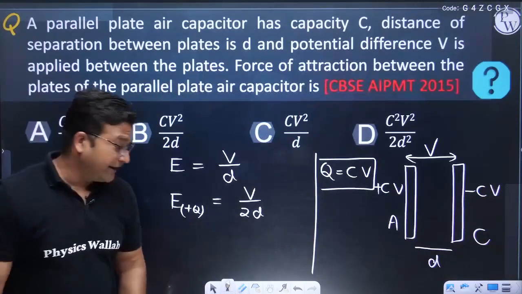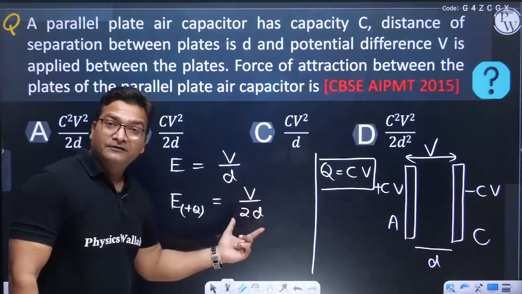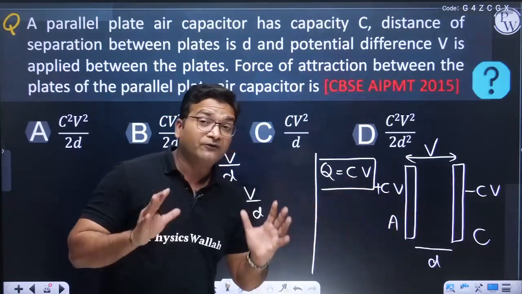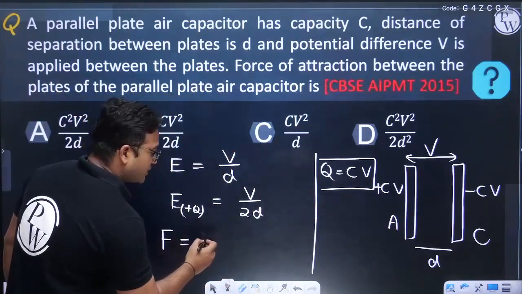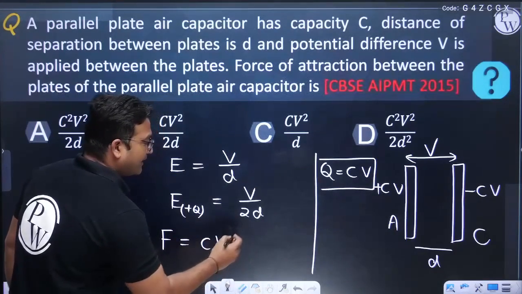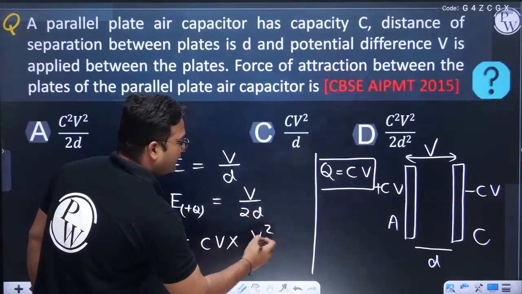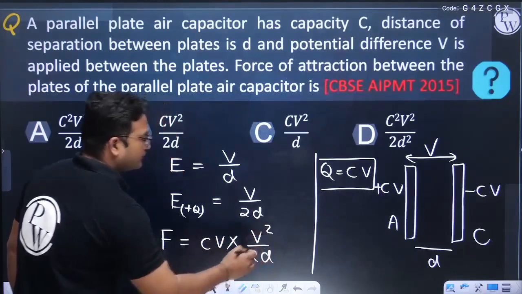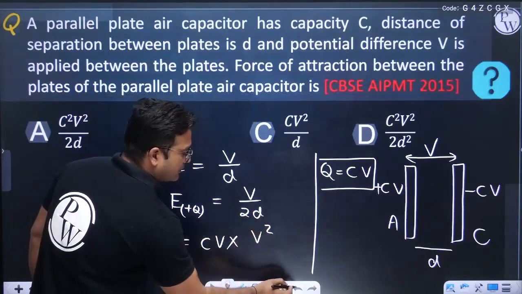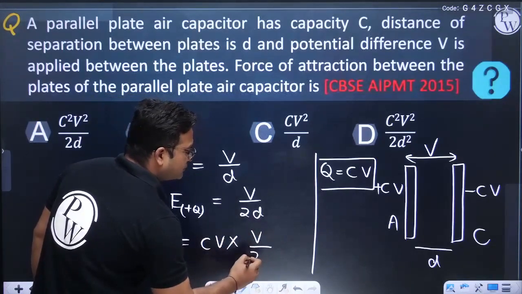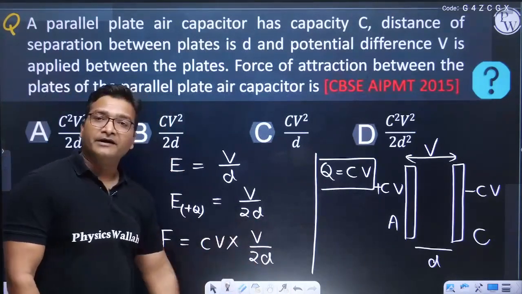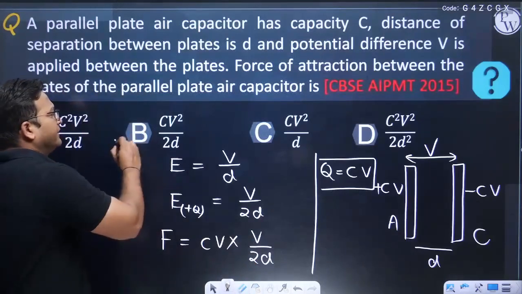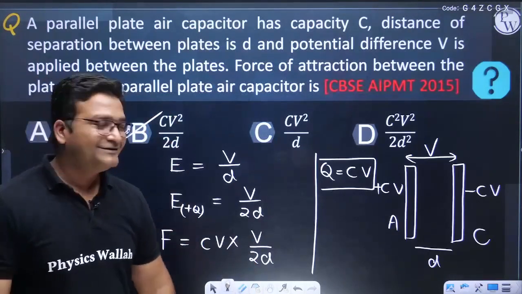If you multiply this field with charge, you get force, right? So force becomes the magnitude of charge, that is CV, multiplied by V divided by 2D, which is the electric field. Okay, so the answer becomes CV square by 2D. So the correct answer is B, CV square upon 2D.